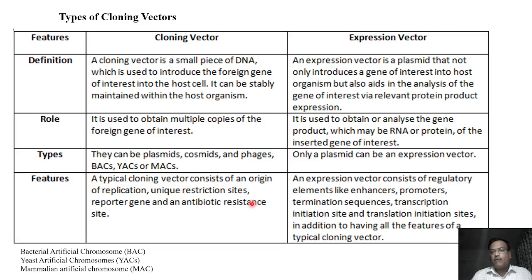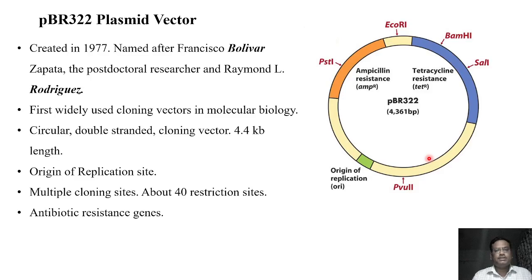If our purpose is to get the product in the form of RNA or protein, we need to insert the gene because that is the one we are going to study. And for that gene to express, we have to introduce all the sequences necessary for gene expression, like regulatory elements, promoters, operators, initiation sites, termination sites, etc. So that is how the expression vector is used, mainly to study the product of the gene.